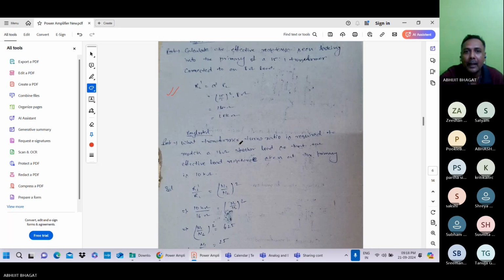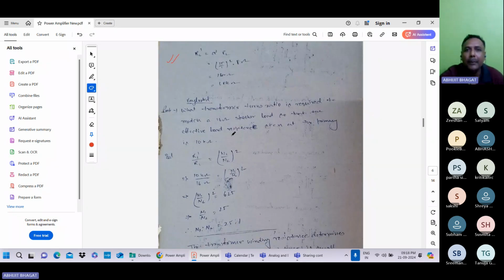Now next is the same type of problem. You have to find the transformer turns ratio required to match a 16 ohm speaker load so that the effective load resistance seen at the primary is 10 kilo ohm. So the speaker resistance is 16 ohm, and the speaker is connected across the secondary side.